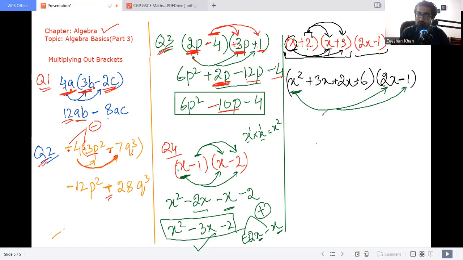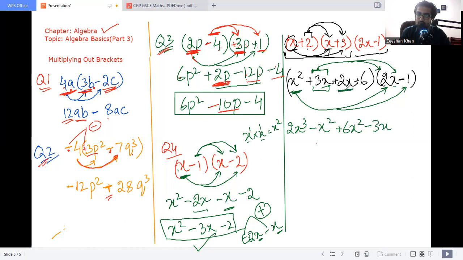So x squared times 2x will become 2x cubed, because base is the same, power will be added. Then x squared with minus 1 becomes negative x squared. Now 3x with 2x becomes plus 6x squared, because x times x is x squared. Then plus 3x with negative 1 becomes negative 3x.